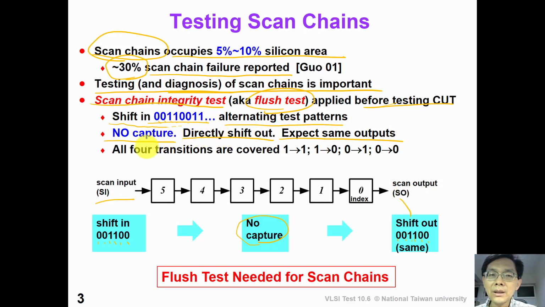This flush test is important because all transitions occur in this scan flush test, including 11, 10, 01, and 00. So, in summary, the scan chain flush test is needed before testing a CUT to make sure the scan chain itself is good.